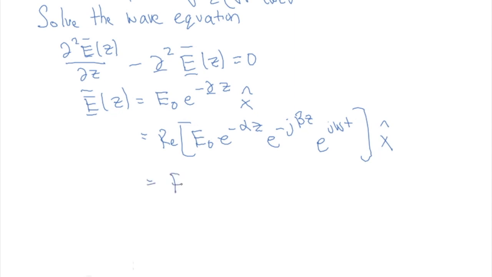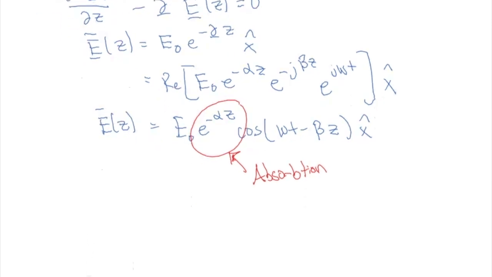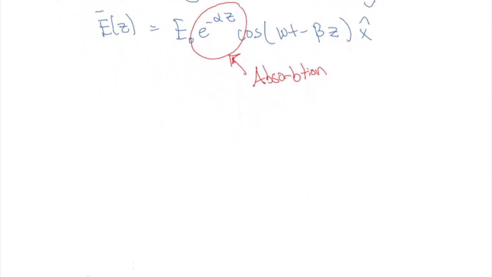And writing this out with our real part, we get E naught times e to the power of negative αz times cosine(ωt minus βz), all in the x-hat direction. This is our electric field. So as you can see, that term, the e to the power of negative αz, is our absorption. So what that does is it reduces the electric field in the media.